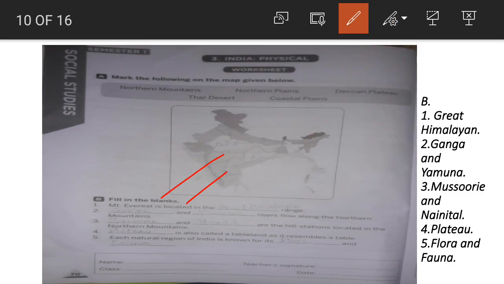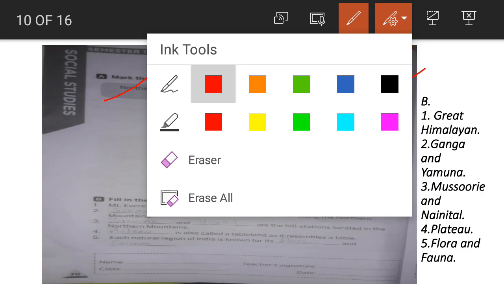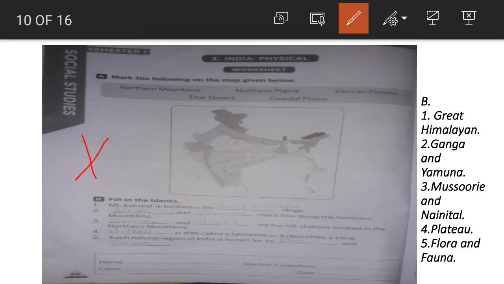You have to find out all the northern mountains, the northern plains, Deccan Plateau, Thar Desert or Western Desert, and the coastal plains. So you have to find out where those landforms are located. This is also homework for you.